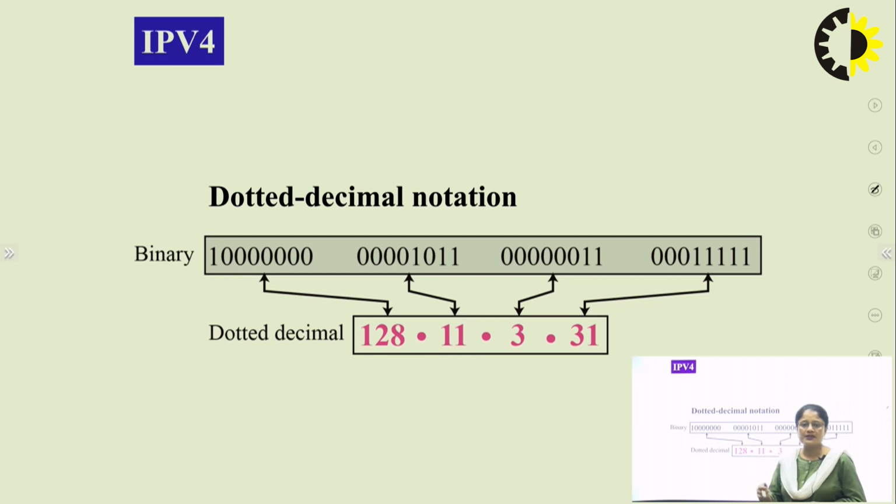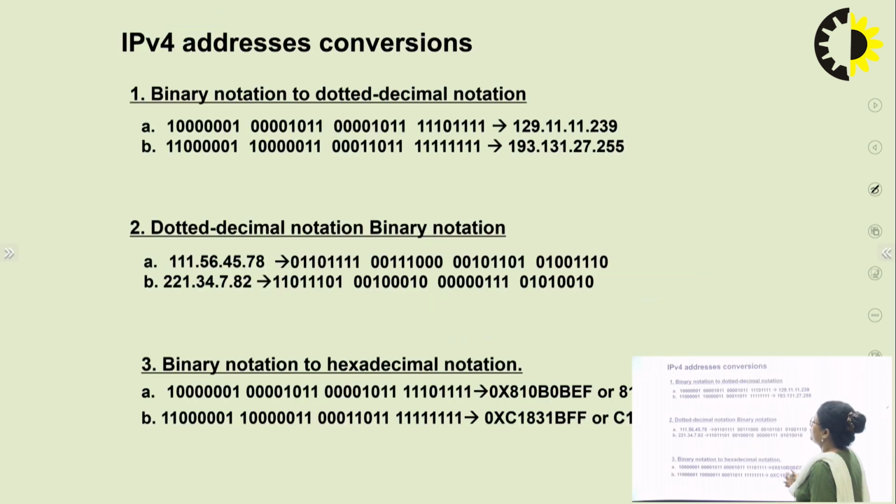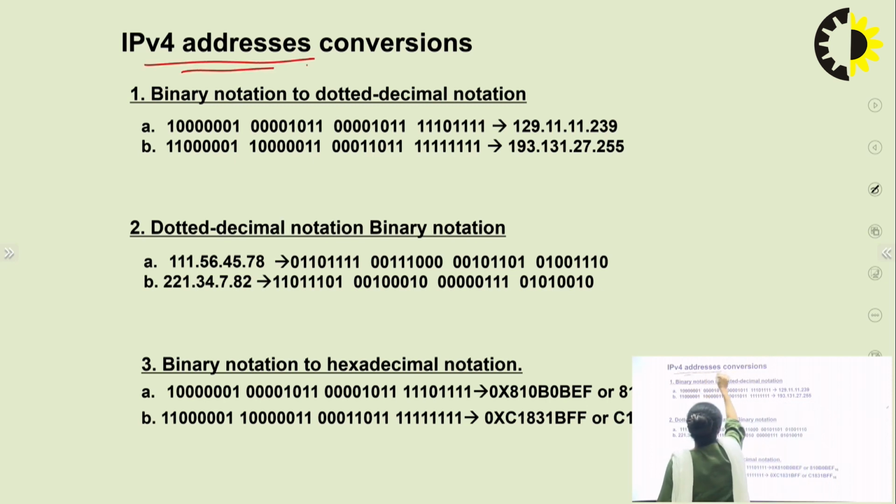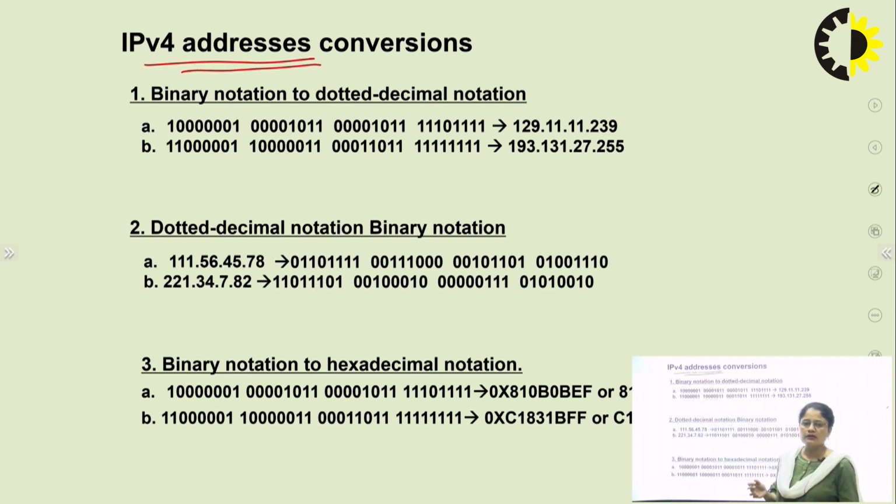Now we are yet to explain hexadecimal representation. I'll come to that now. But before that, let us talk about the IPv4 addressing scheme, and we will be doing a conversion from one representation to the other.